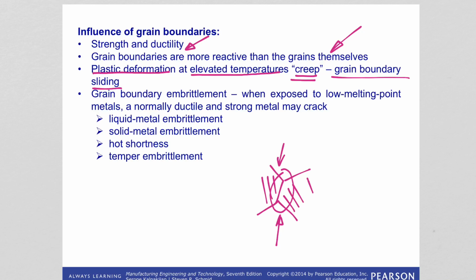And temper embrittlement is caused by the segregation, in other words movement, of these impurities to grain boundaries. Again, weakening the grain boundaries. Okay.